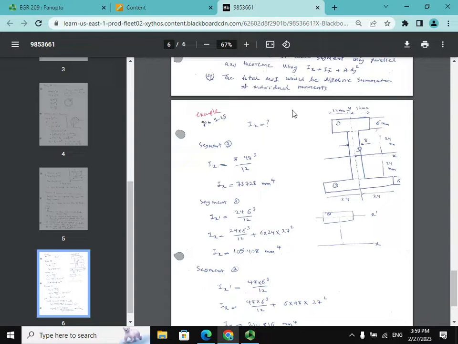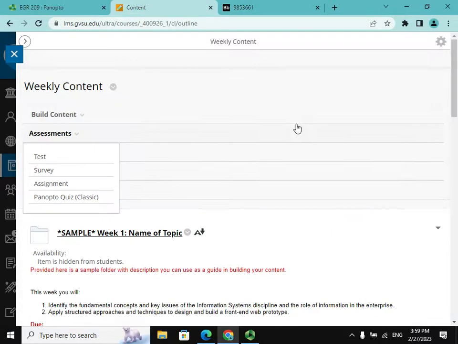Your book or other reference books have the moment of inertia for common shapes listed in a table. Manufacturers also have catalogs, so let me show that.